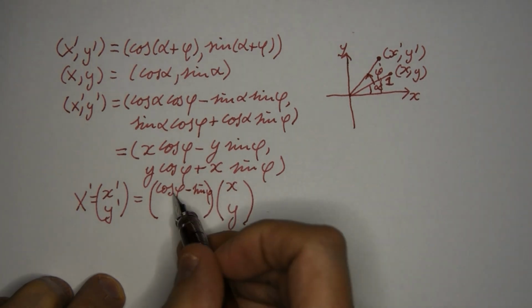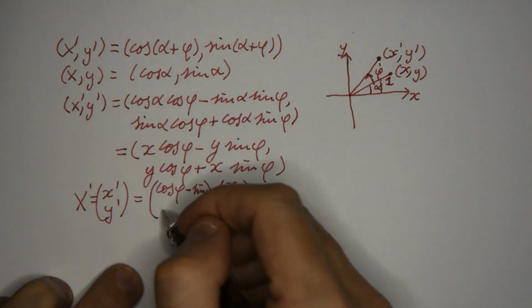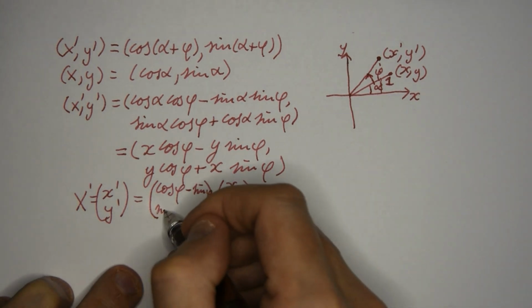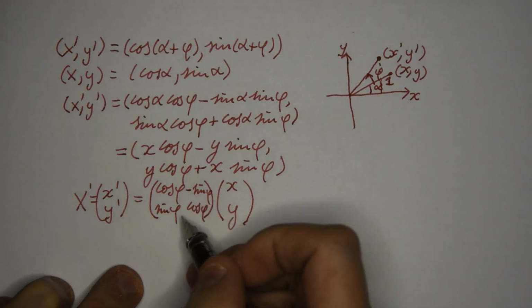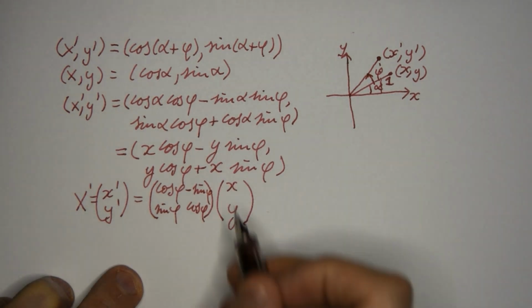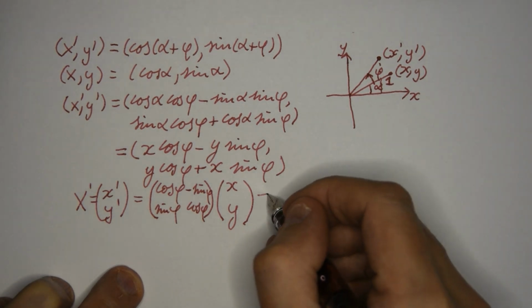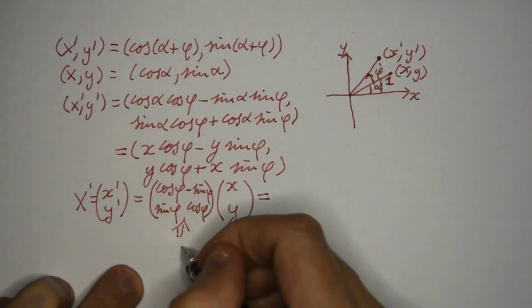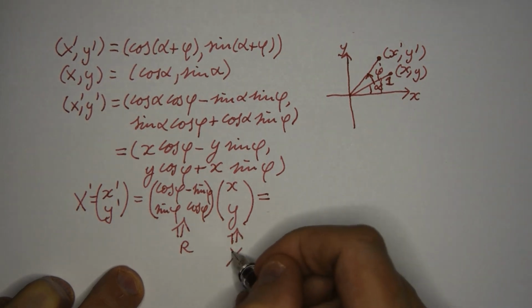That gives you x cosine phi minus y sine phi, which is exactly the first term. And the second term is sine phi cosine phi, to give you x sine phi, right, plus y cosine phi. This we're going to call the rotation matrix, and this is what we're going to call big X.